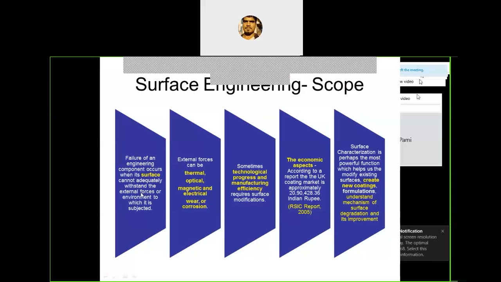Next, sometimes technological progress and manufacturing efficiency require surface modification. Yes, this is another important point. Manufacturing efficiency means grinding. Take an example of grinding or a simple lathe. In the lathe you perform a turning operation. First you perform turning to reduce the thickness.